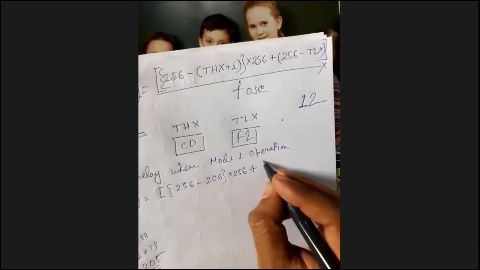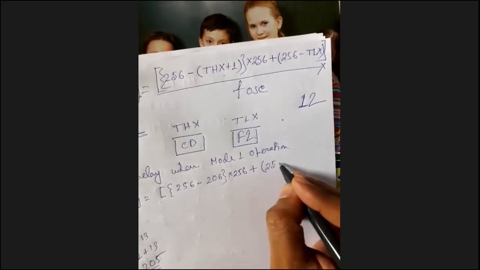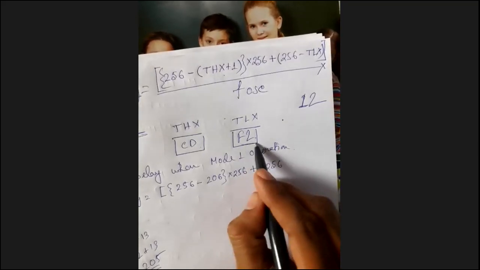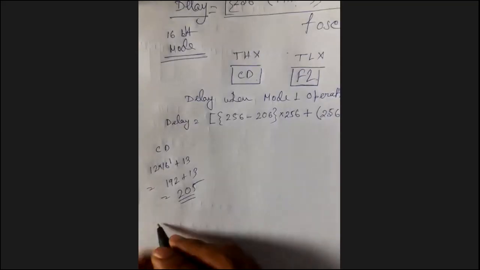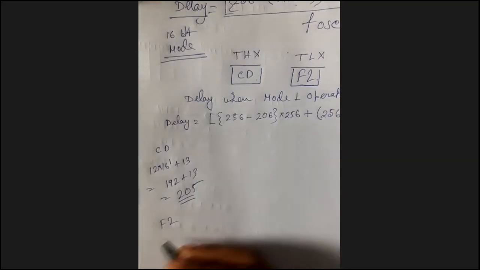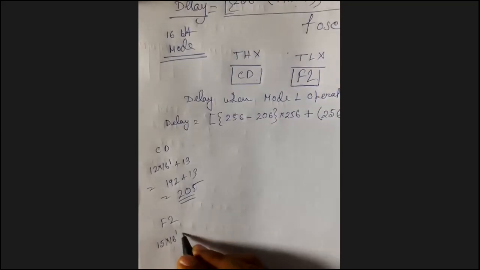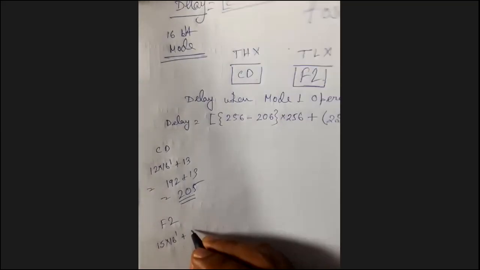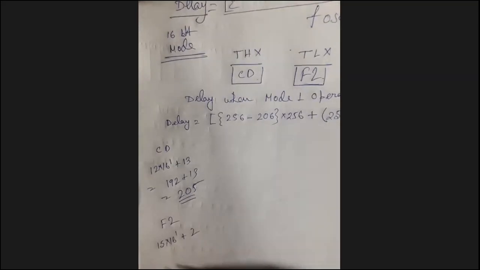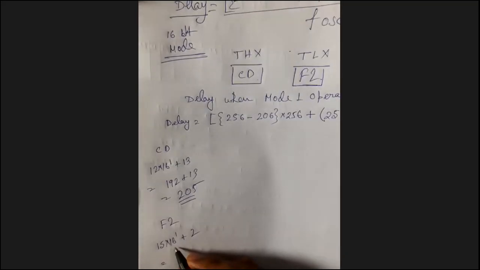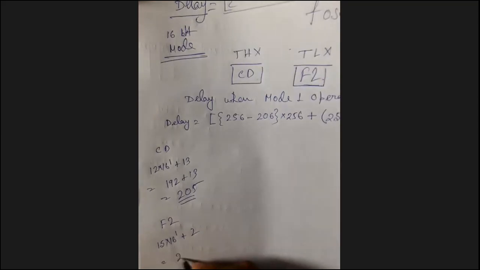plus 256 minus F2. Again the F2 calculation will be there: 15 into 16 to the power 1 plus 2, that will be 240 plus 2, that is 242.